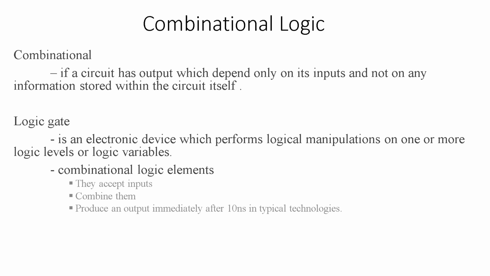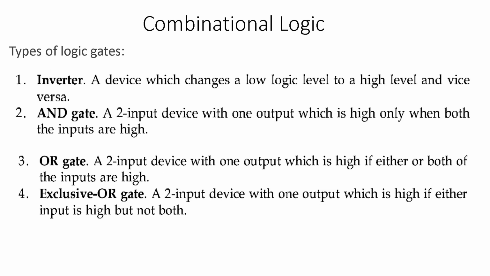A logic gate is a combinational logic element, which means it accepts inputs, combines them depending on the logical manipulation needed, and produces an output immediately, after about 10 nanoseconds in typical technologies.